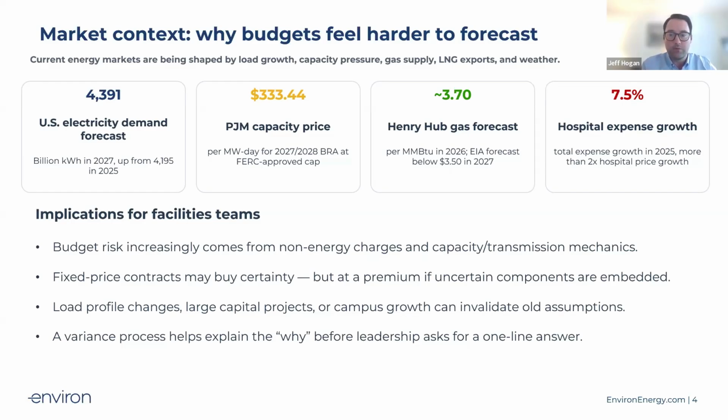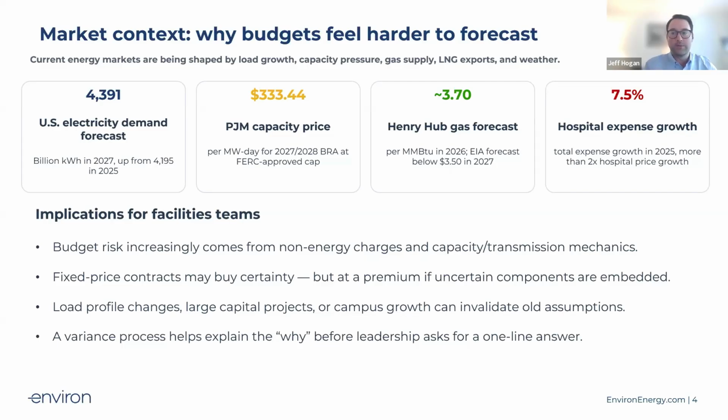Capacity and transmission costs are becoming a visible component in customer budgets, whereas previously they were, to some extent, a negligible cost. Natural gas prices are still sensitive to storage, production, LNG exports, power sector demand, and weather. At the same time, hospitals have complex load profiles and limited operational flexibility. So changes in the market can show up in your budgets very quickly.